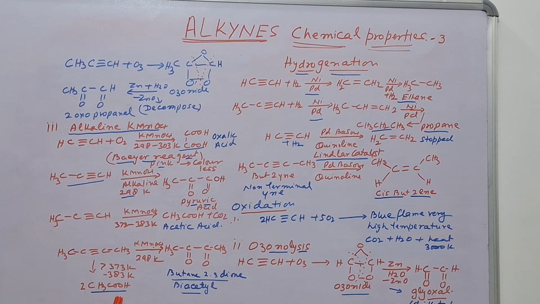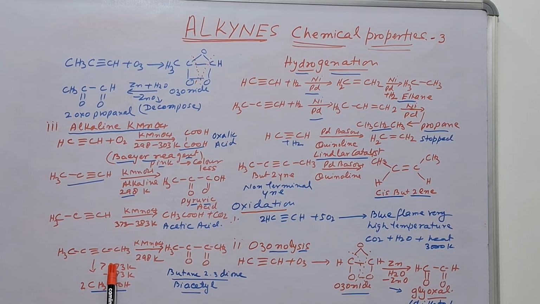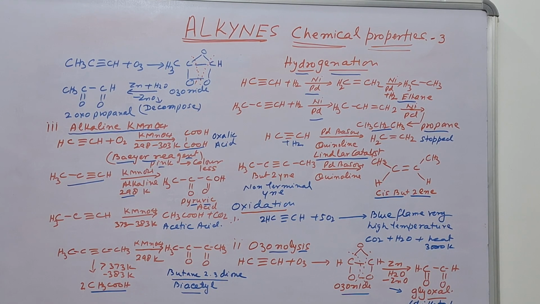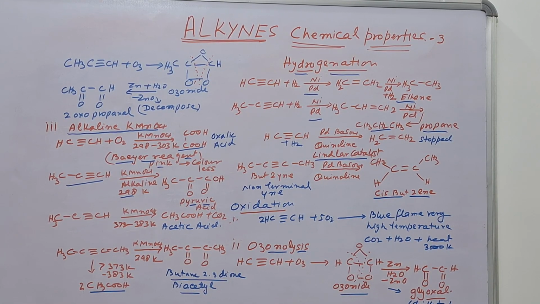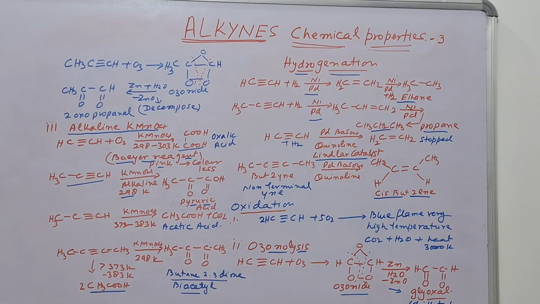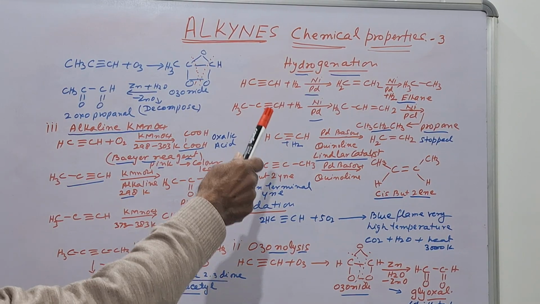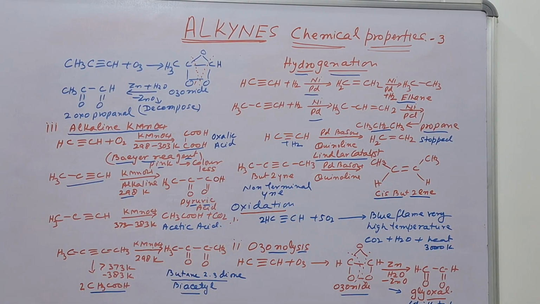But at high temperature, that is 373 K to 383 K, it is completely oxidized to form acetic acid. So this is the oxidation and the hydrogenation.